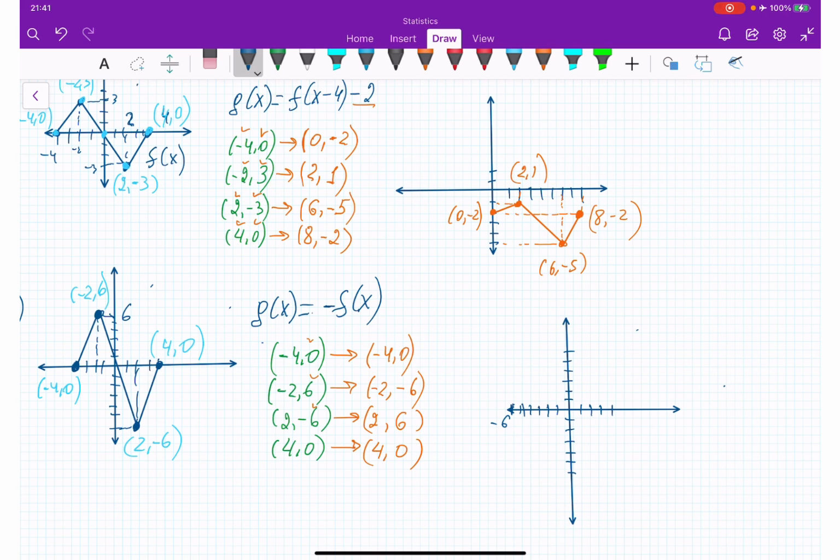Let's start. Negative 4 and 0, and then negative 2 and negative 6, positive 2 and positive 6, and I have 4 and 0.